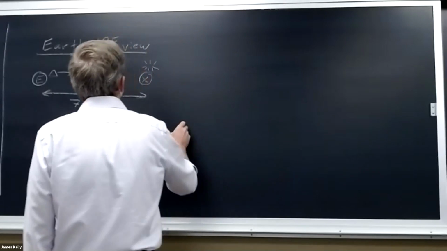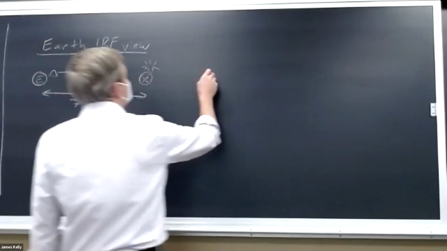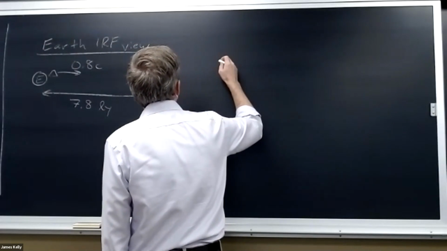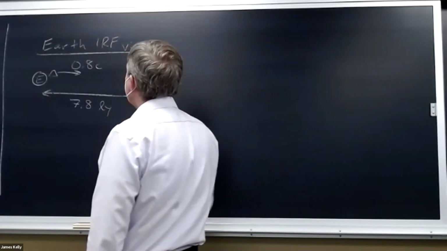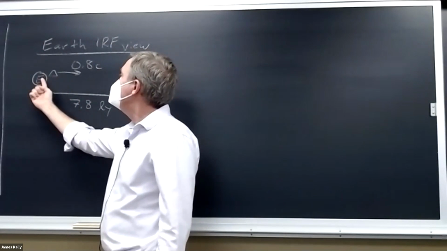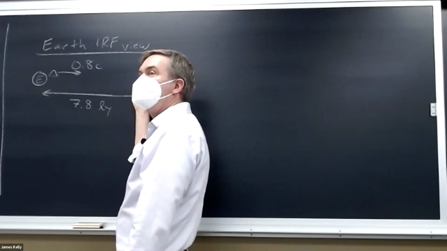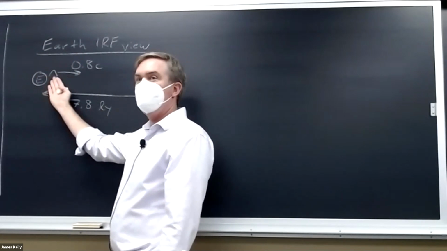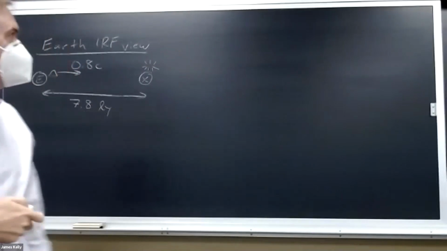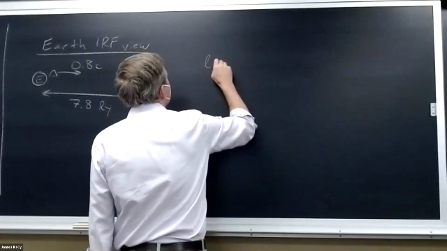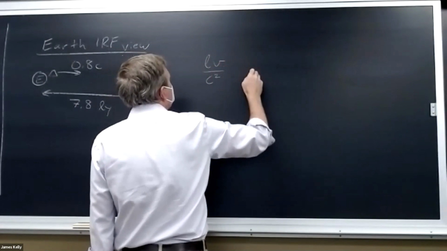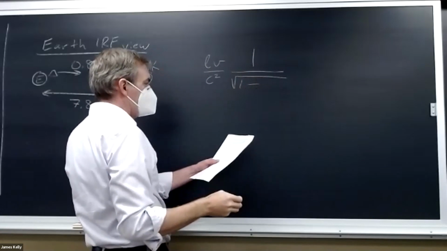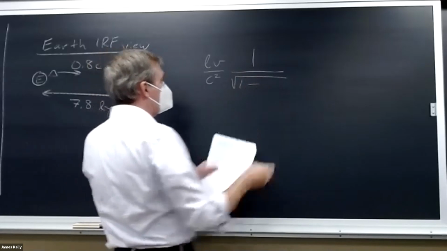The formula we just derived, the follow-on to the clock asynchronization formula, says the time you have to wait in a certain IRF between this event and this one, well, this one happened in the past, so how much time we have to wait between this one and this one, according to these ship inhabitants, is given by the formula LV over C squared times gamma, where gamma involves V squared over C squared. In this case, V over C is 0.8.